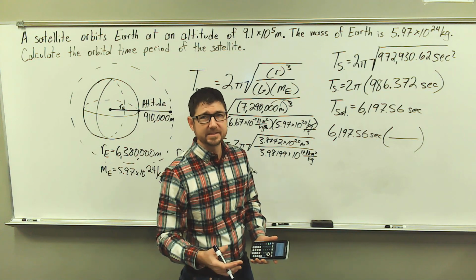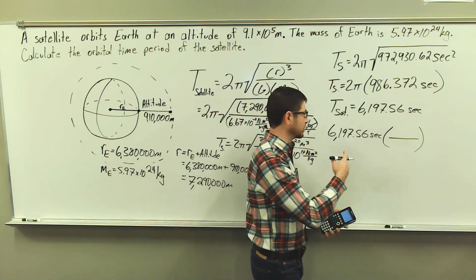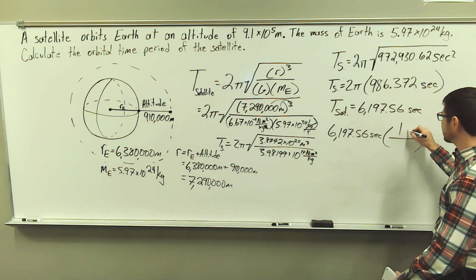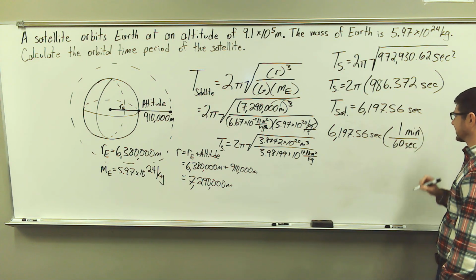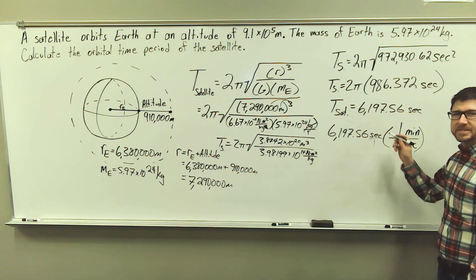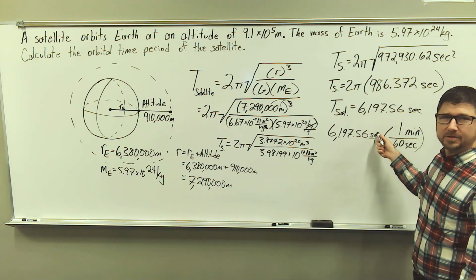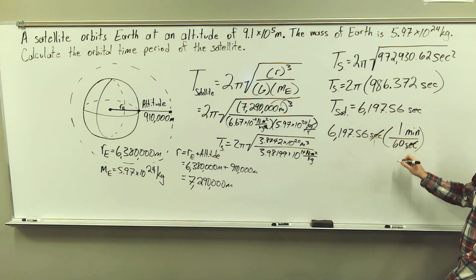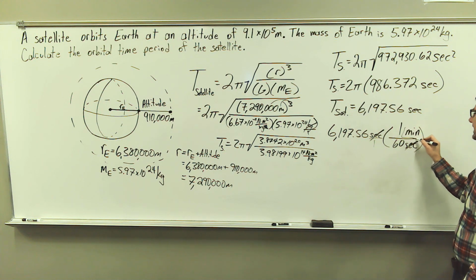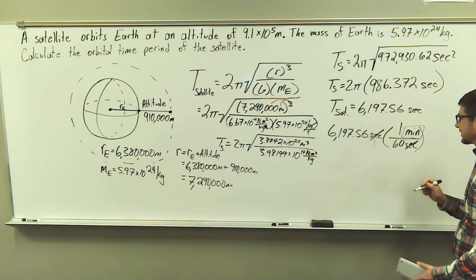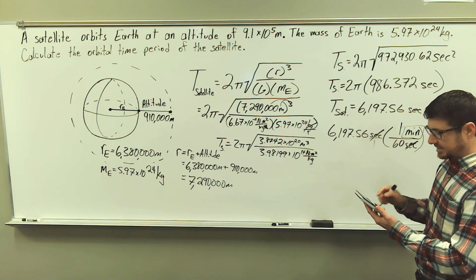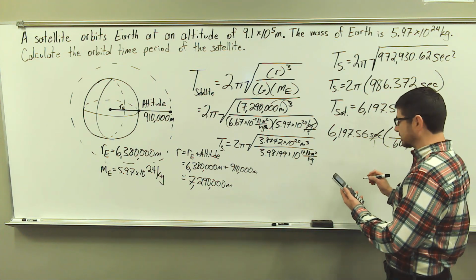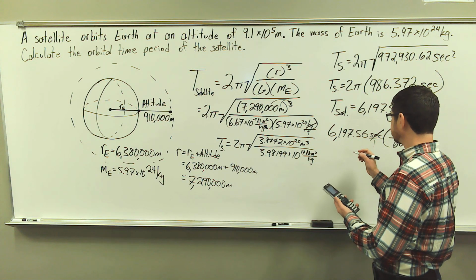So I'm going to place the units of minutes in the numerator. So I have 1 minute divided by 60 seconds. Right here we have seconds over 1, so seconds in the numerator is going to cancel with seconds in the denominator, leaving us with units of minutes. So this value divided by 60 is going to be 103.29.